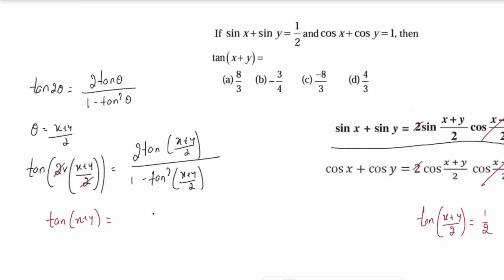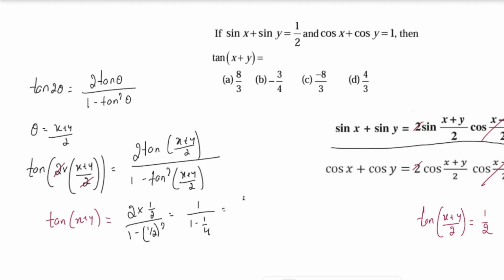So next, tan of x plus y is equal to 2 into 1 by 2, whole divided by 1 minus 1 by 2 the whole square. In the numerator, 1 by 2 and 2 get cancelled out. It is 1 divided by 1 minus 1 by 4.